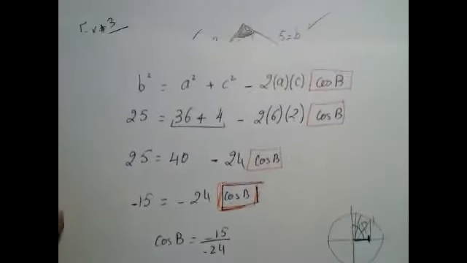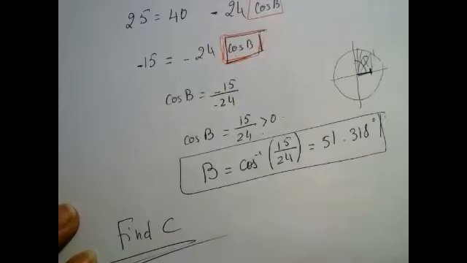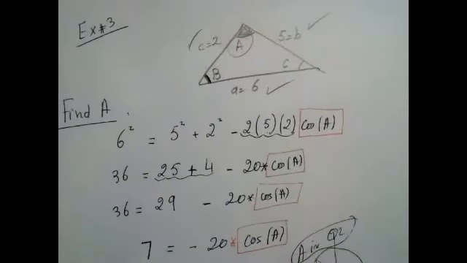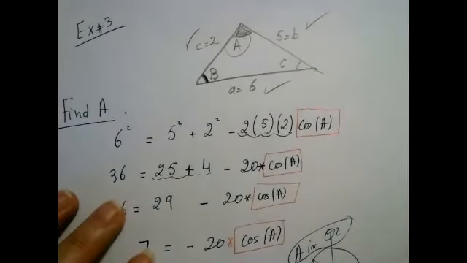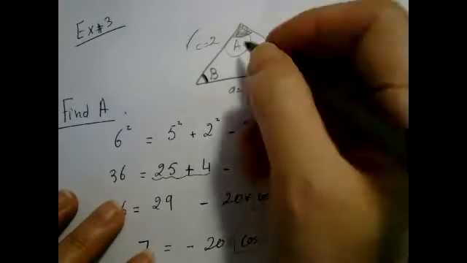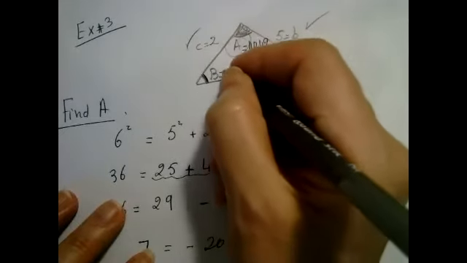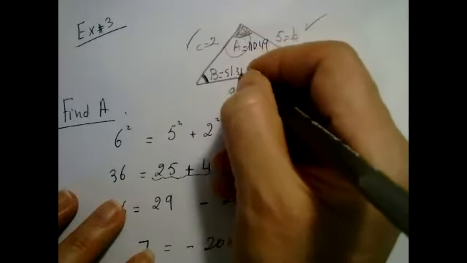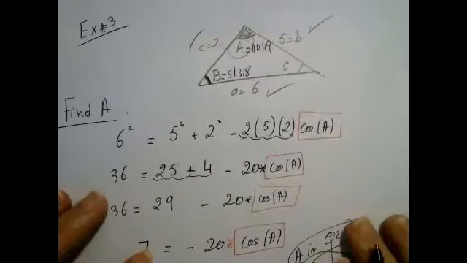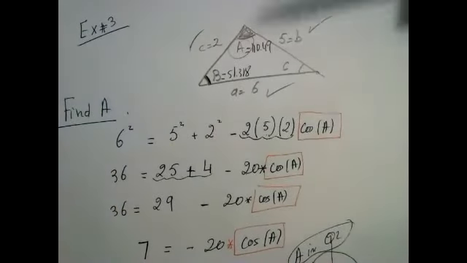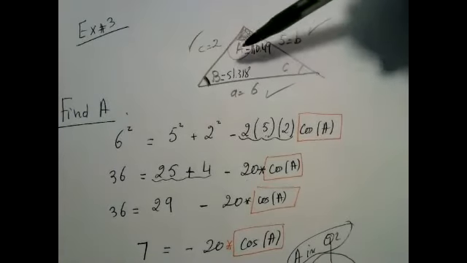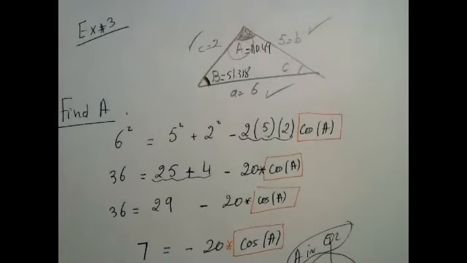All right. Finally, I want the angle C. So now I found A. A was 110.49. My B was 51.318. And now I need the angle C. But before that, is the angle C going to be more than 51 or less than 51?